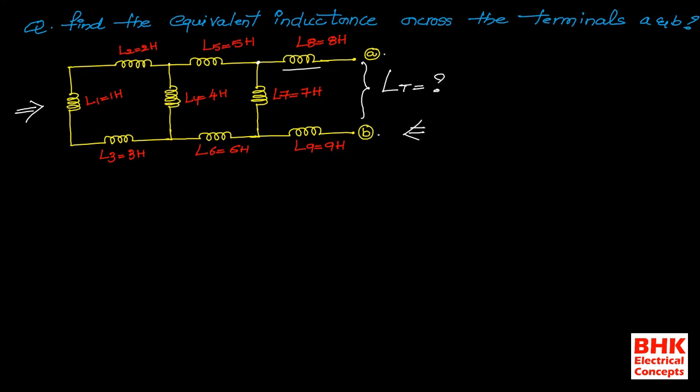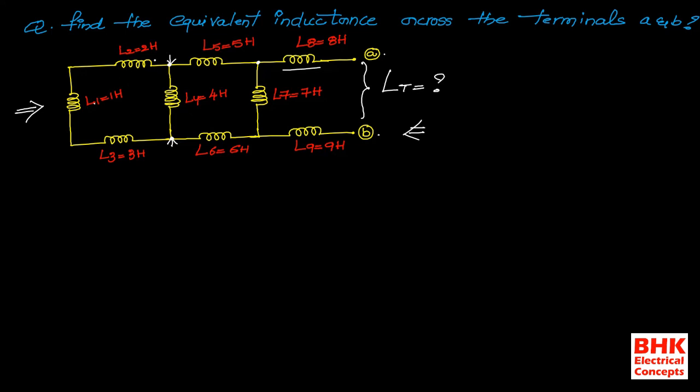Now see, assume this is one point and this is another point. Between these two points I am talking about only this branch. Between this point and this point, L1, L2, L3 are all connected in series.